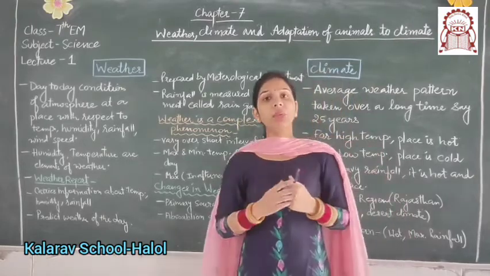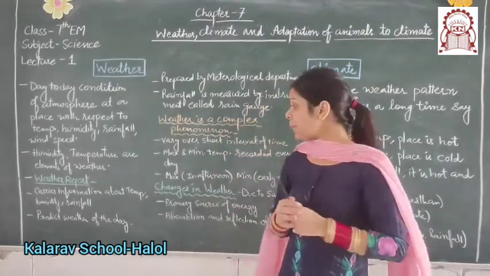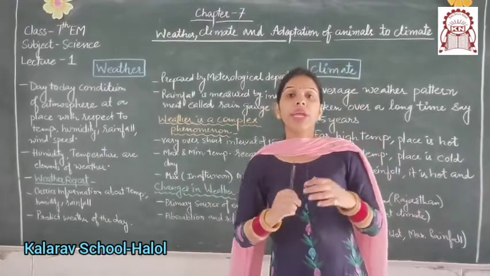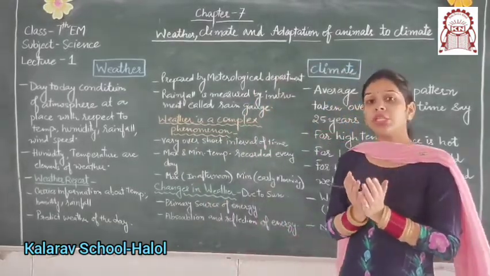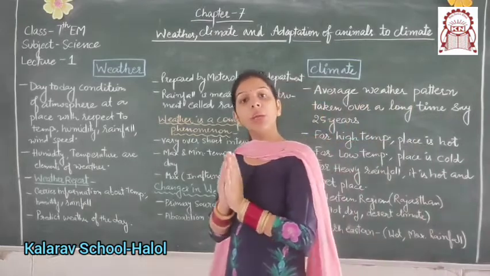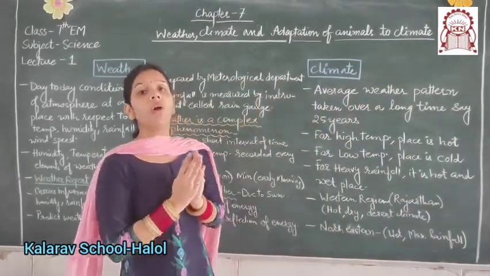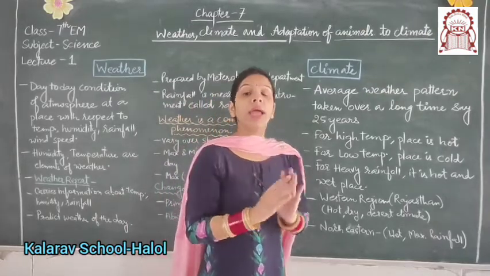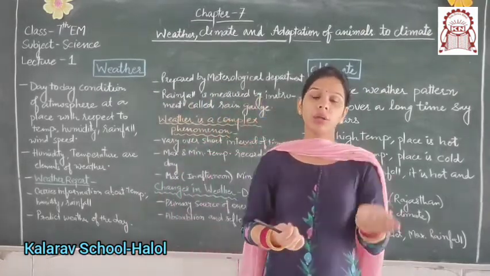This weather report is prepared by the meteorological department of the government. It collects the information about the temperature, humidity and rainfall of that place. In this way a report is prepared and presented to us.